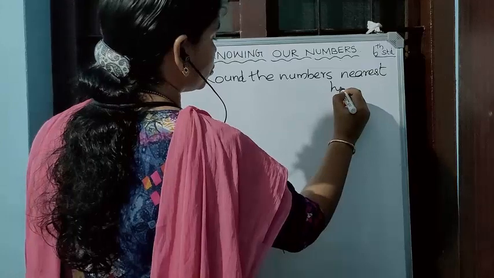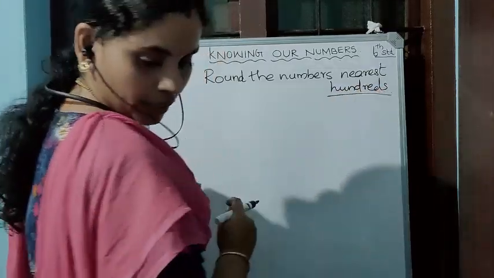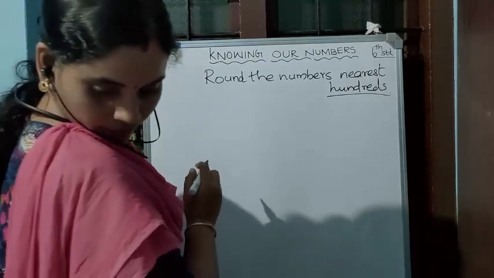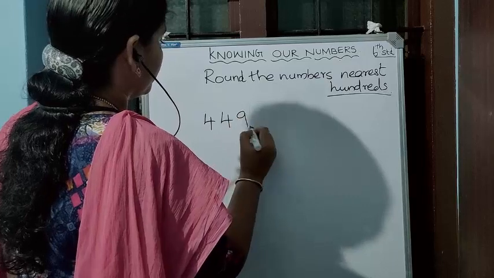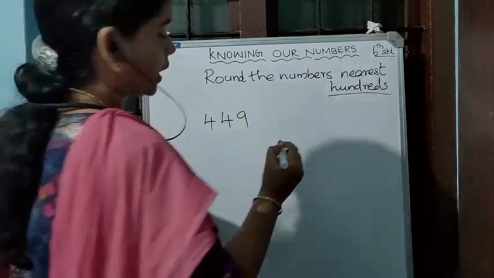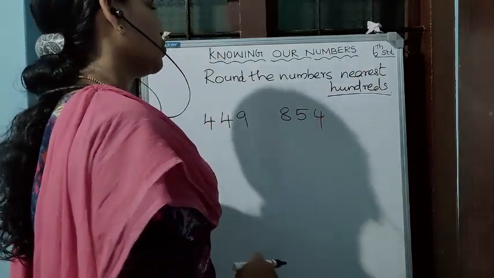Okay, we are going to round the numbers to the nearest hundreds. For that we are taking 449 and 864, these two numbers.